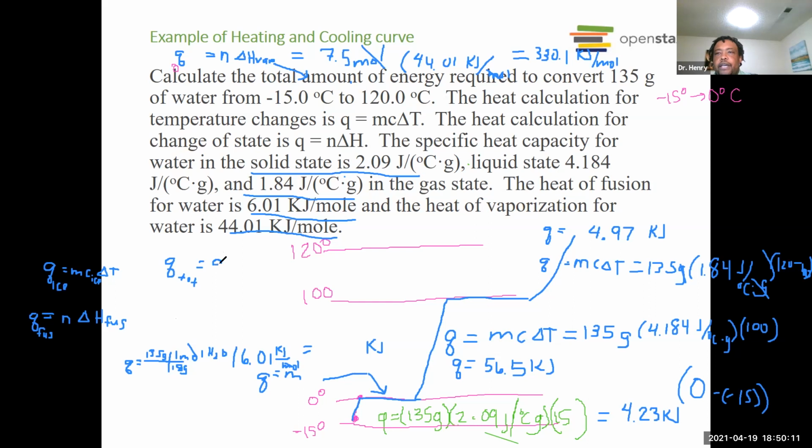It's going to be equal to Q ice plus Q fusion plus Q liquid plus Q vape plus Q gas. So then Q total, I love putting these on the test.